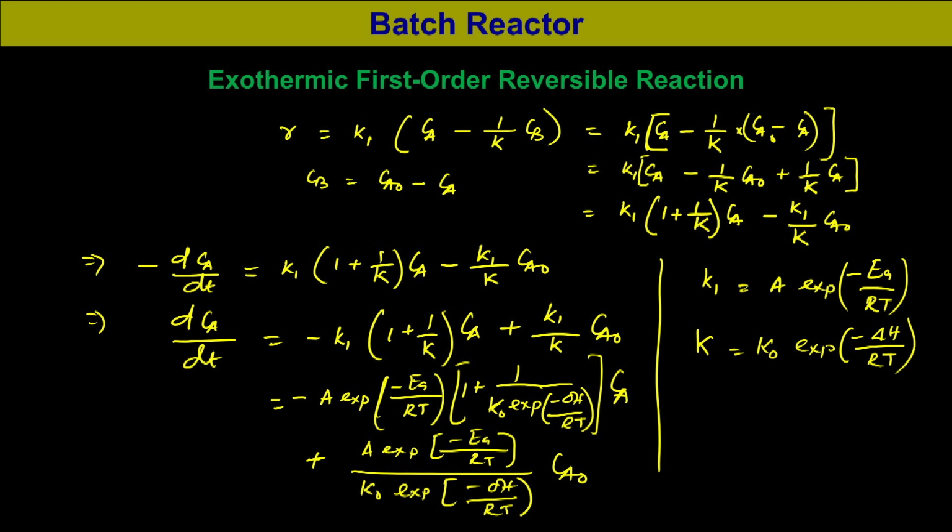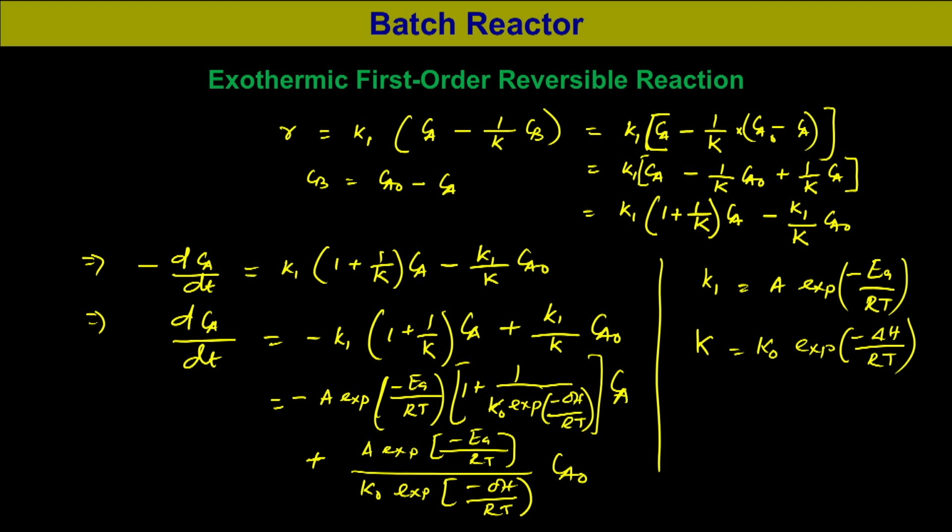Now, we have K1 equal to A exponential minus Ea by RT, and K equal to K naught exponential minus delta H by RT.